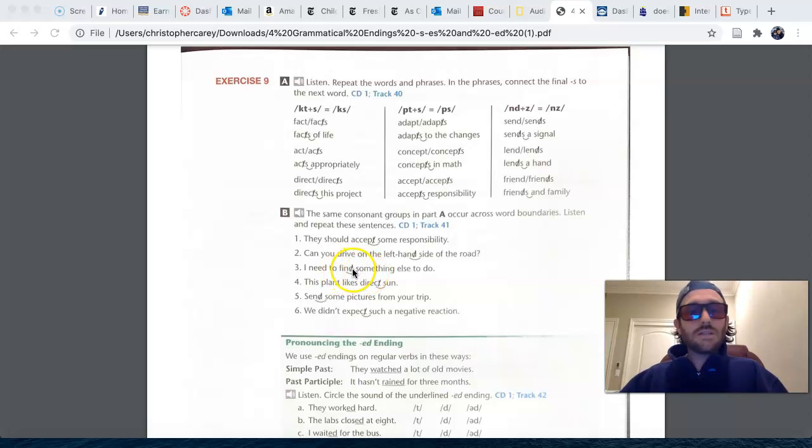The D is omitted again because you have this consonant cluster, NDS, PTS, or KTS. The middle T or the middle D is omitted. And then in doing so, we call that linking. The linking of final consonant sounds and initial consonant sounds in this case.